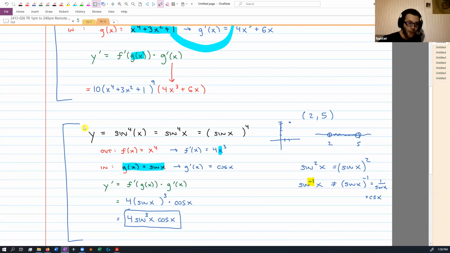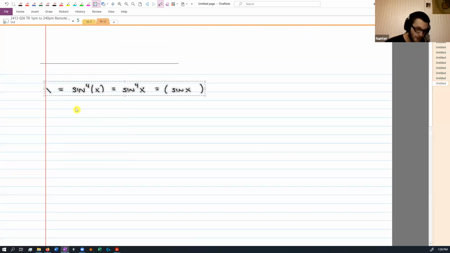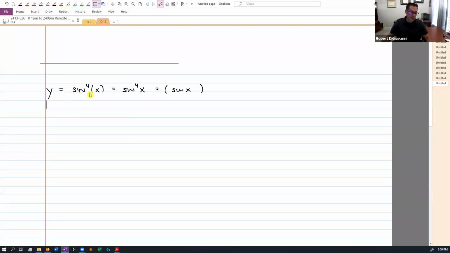Let's do this one. So we have y equals sine to the 4th x, right? So first thing I'm going to do is make sure I understand that it's this. Now instead of me holding up a rag, let me do it this way.